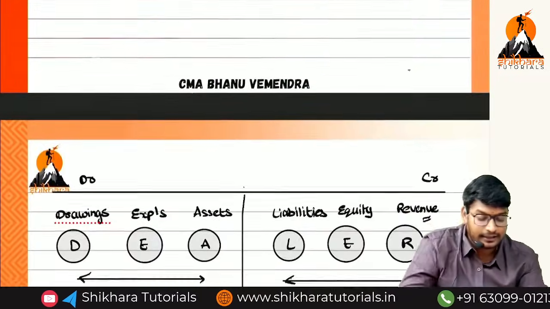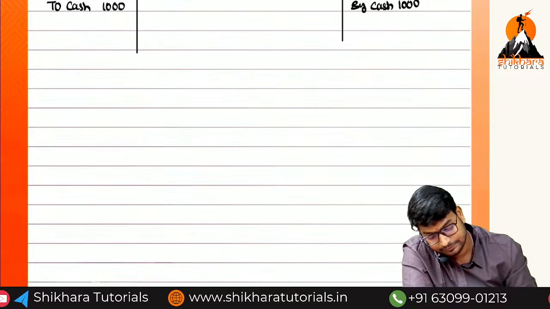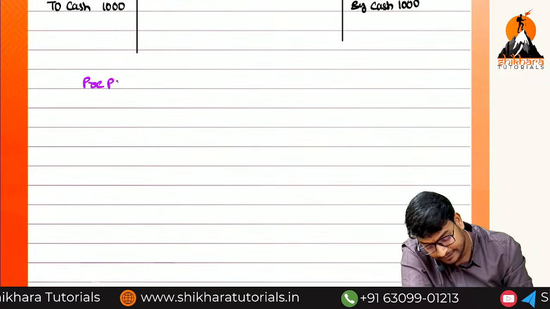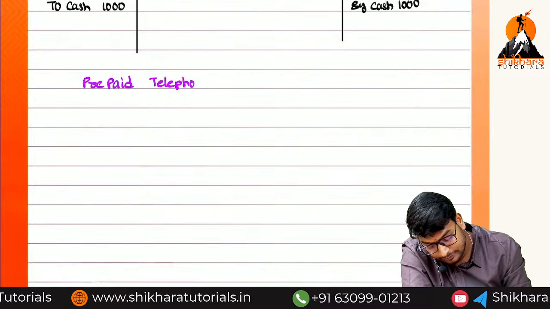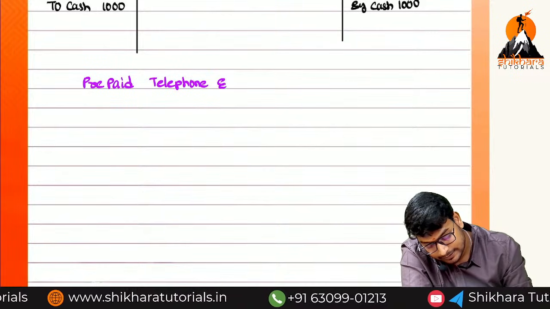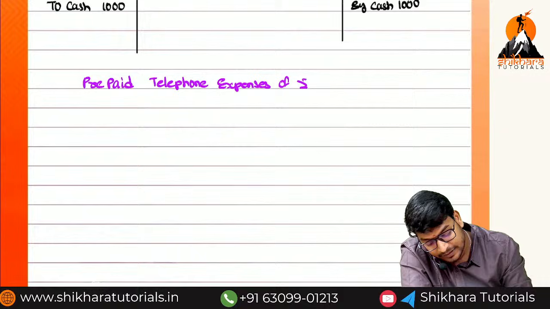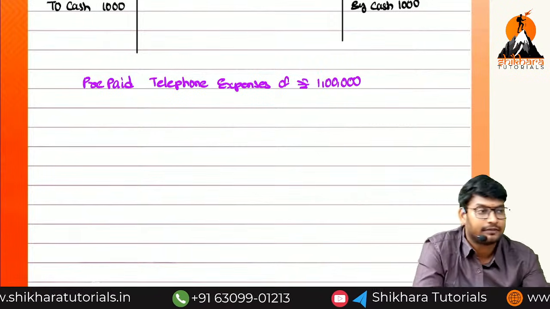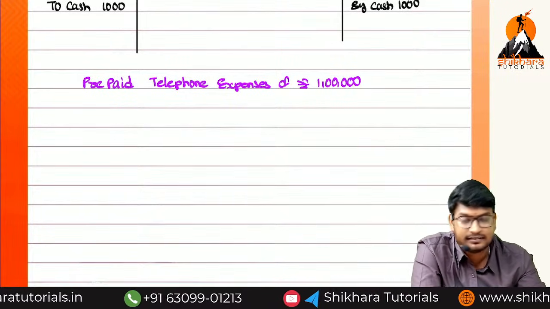Can you try another one? Now try this one: prepaid telephone expenses of rupees 1 lakh. Okay, after trying this, we can take a leave, or you can summarize the discussions we have made.